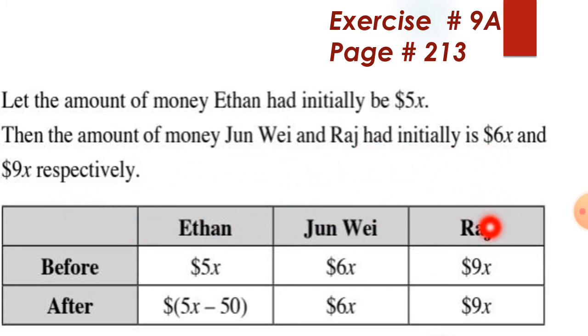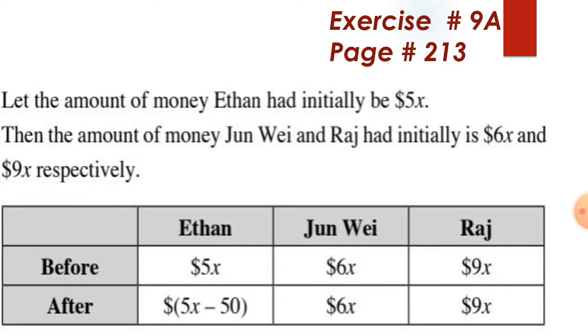For understanding this question, I have made a table for all the students. The table is about before and after. What is the meaning of before? Before, the ratio was such that no money had been taken. After means that $50 has been taken for Ethan's mother. So these three are $5x, $6x and $9x.